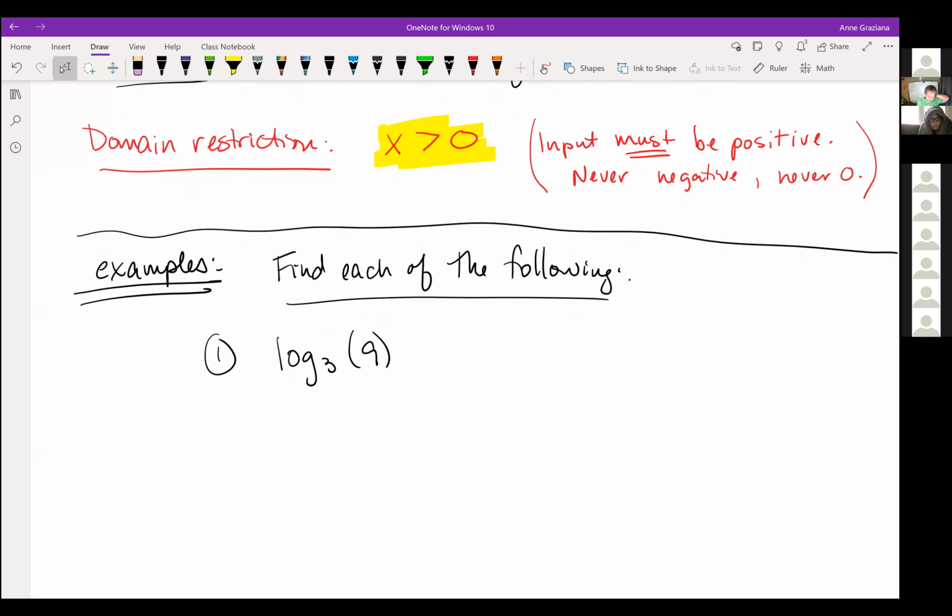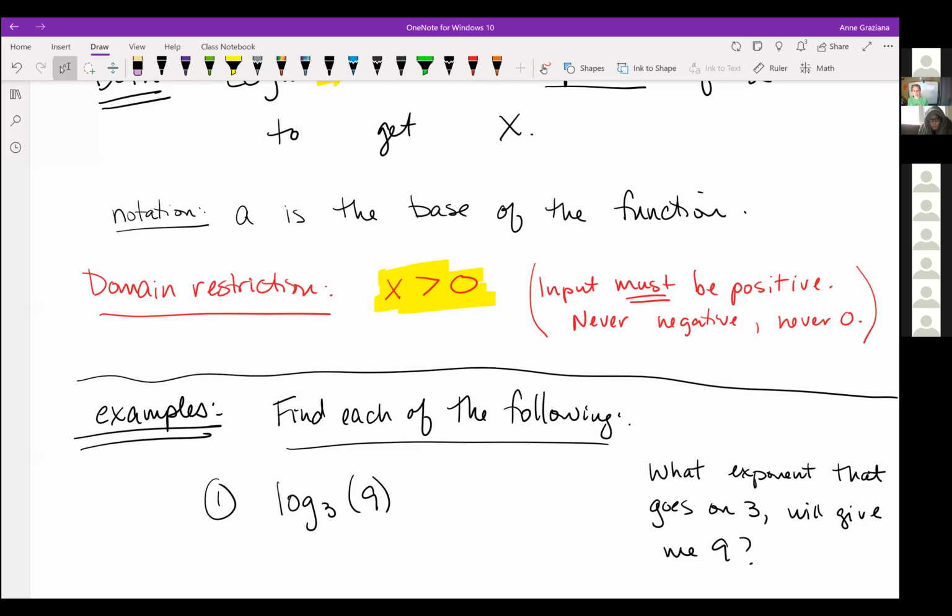So what I'm asking is, what exponent that goes on 3 will give me 9? What is the exponent we will put on the base to get 9?